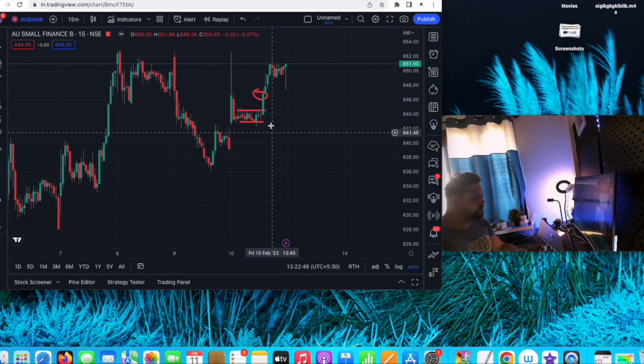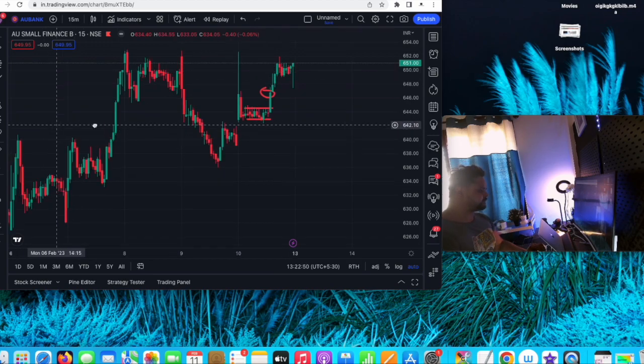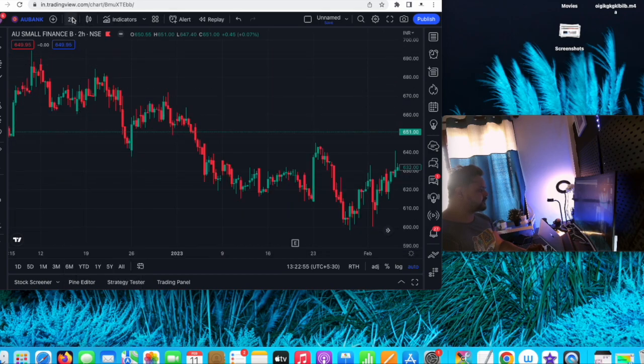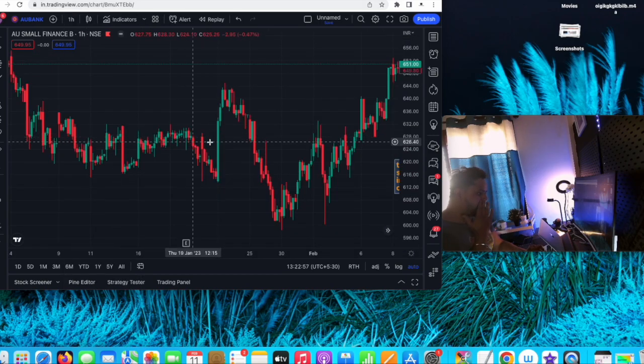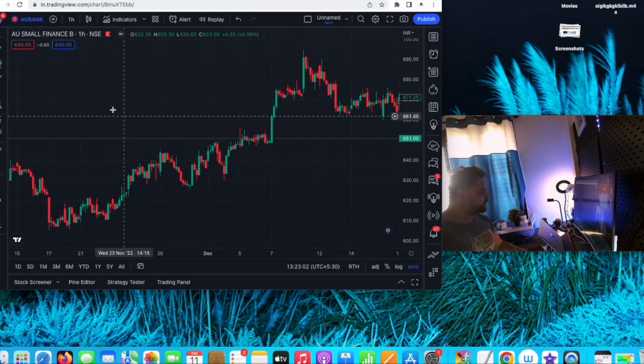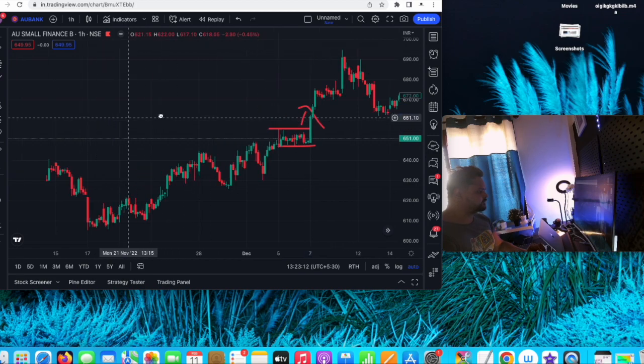And we could have taken the opportunity over here. So this is in 15 minutes. If you look at 1 hour, in 1 hour also, you'll find several breakouts, right? This is a breakout, and you could have traded over here.